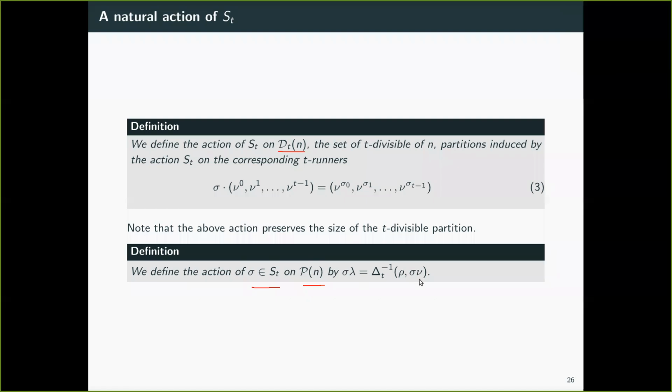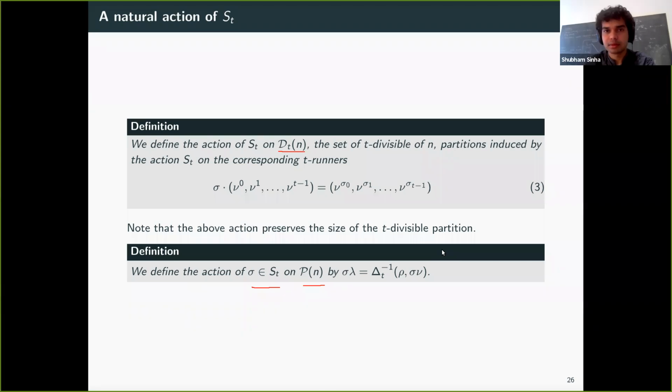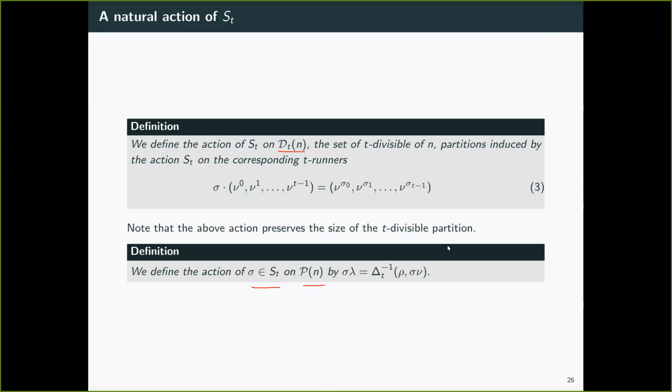So this action of S_T on the T-tuples is giving an action on the quotients, right? The question is, if you change the ordering of the tuple in a quotient, do you know how the partition will change?